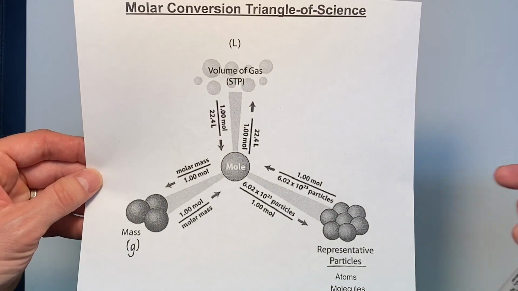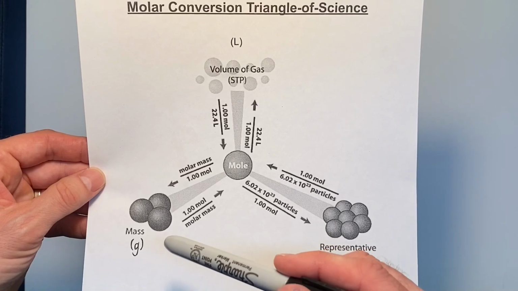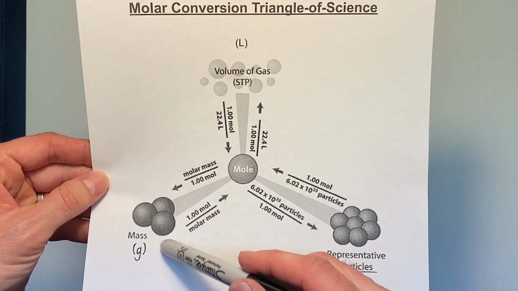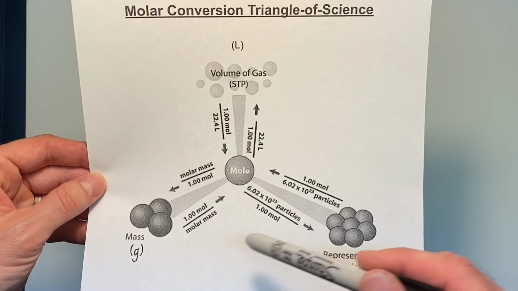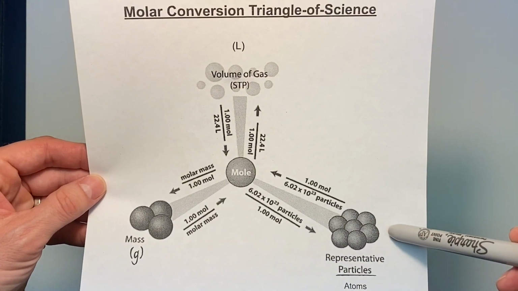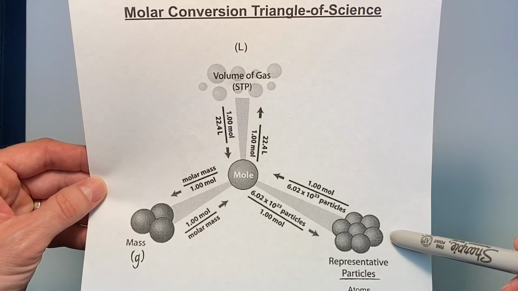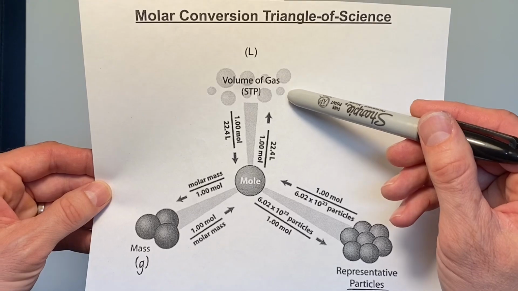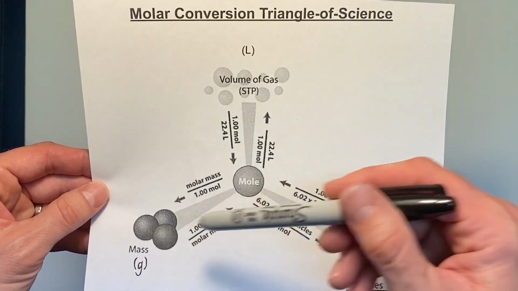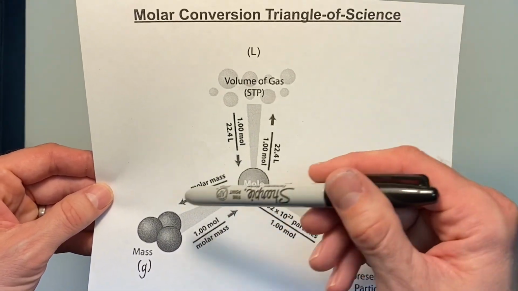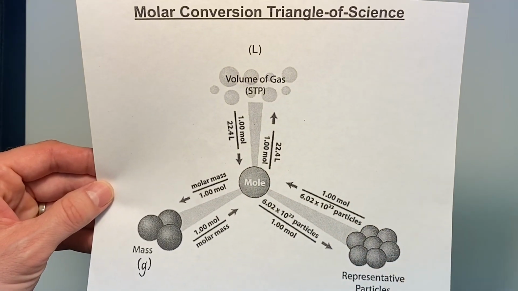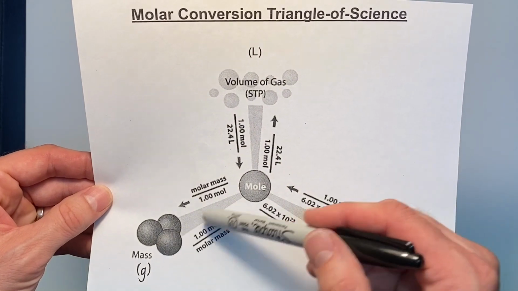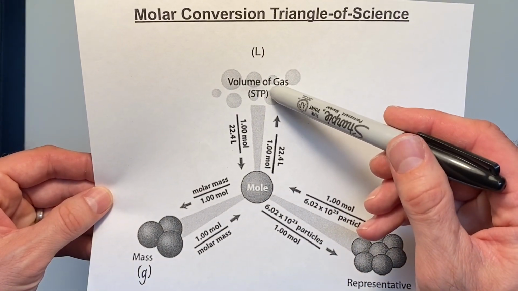If you recall, in Unit 9, we gave you an amount of a chemical, perhaps in grams, or the number of particles, atoms or molecules, or the volume of a chemical in liters, and we asked you to convert the given amount of a chemical to a different unit of measurement for that chemical. For example, we gave you grams and asked you to change grams of the chemical to liters of that chemical.